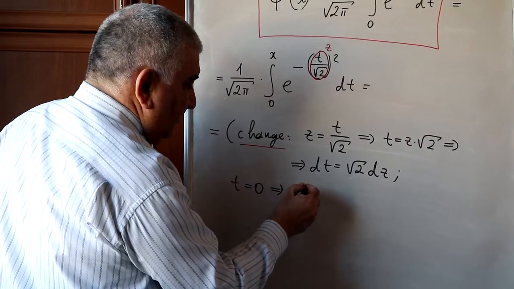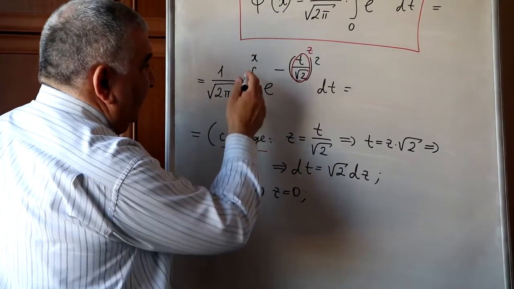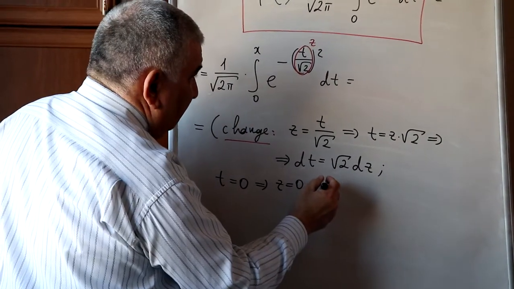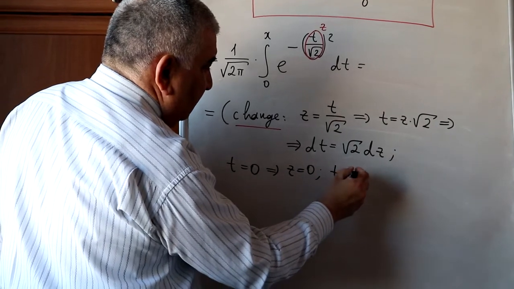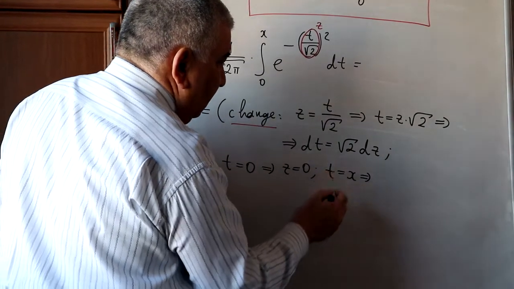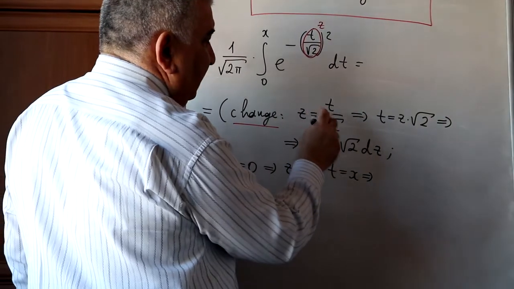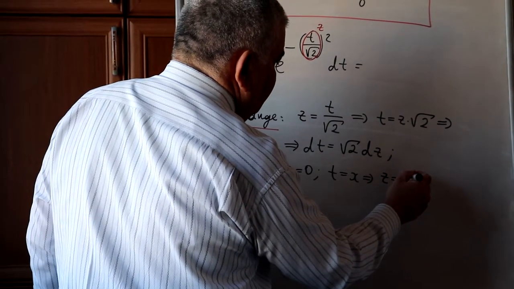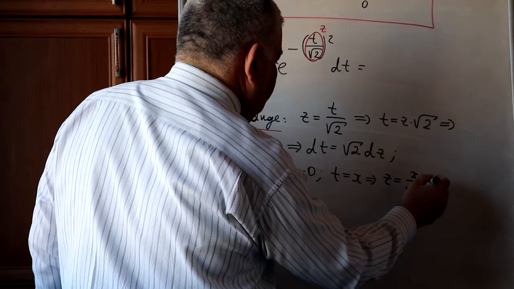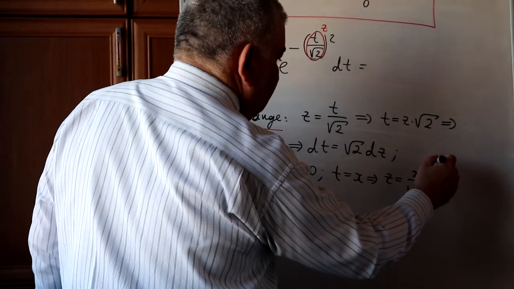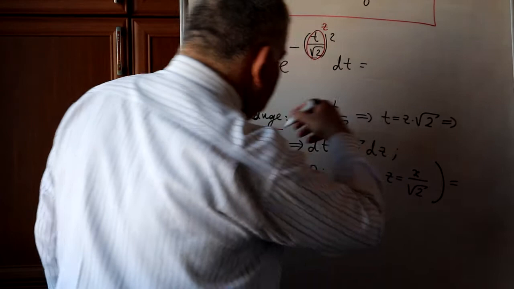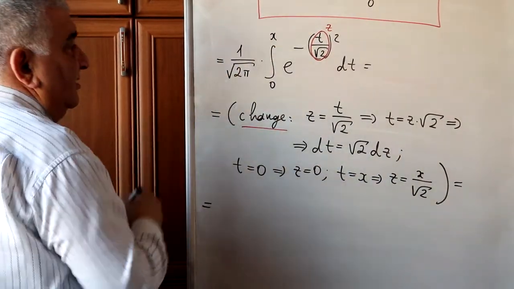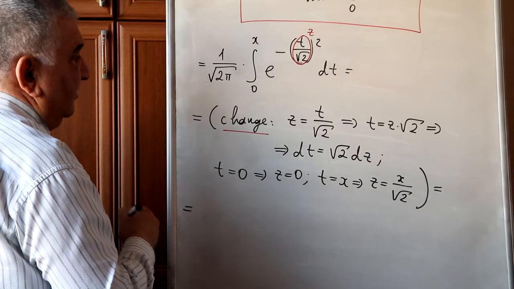Z also is 0. But if t is x, the upper integral limit, then substitute x instead of t, and then we will obtain z equals x over square root of 2. And apply this change to this integral.